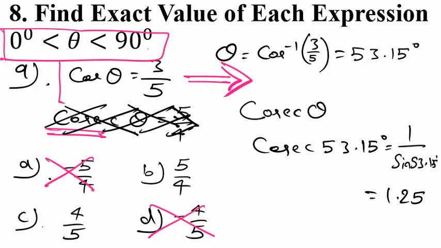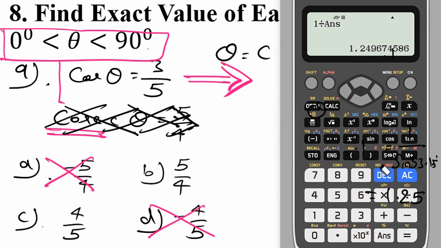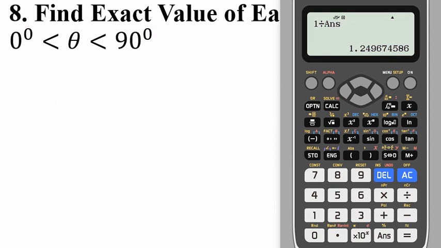Now using which option will I get 1.25? Let's just try it. If you do 4 over 5, will you get 1.25? This is quite obvious now, you will not get 1.25. Let me show you here. If I do 4 divided by 5, it's definitely not 1.25.